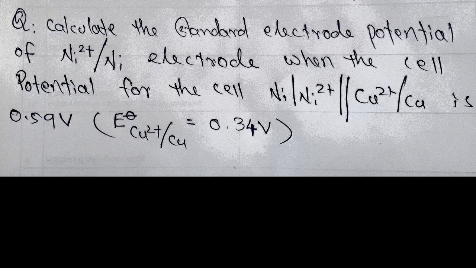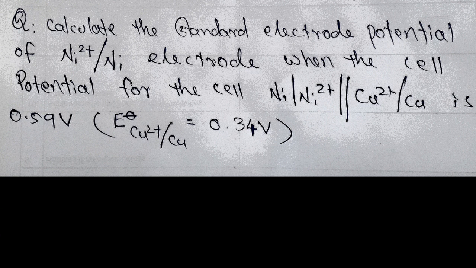This is the cell, and the cell potential for this cell is 0.59 volt. Also given here, the standard electrode potential for the copper electrode is 0.34 volt. It is given.